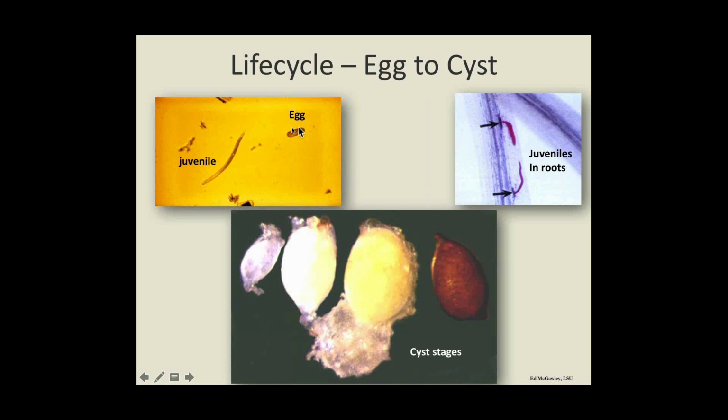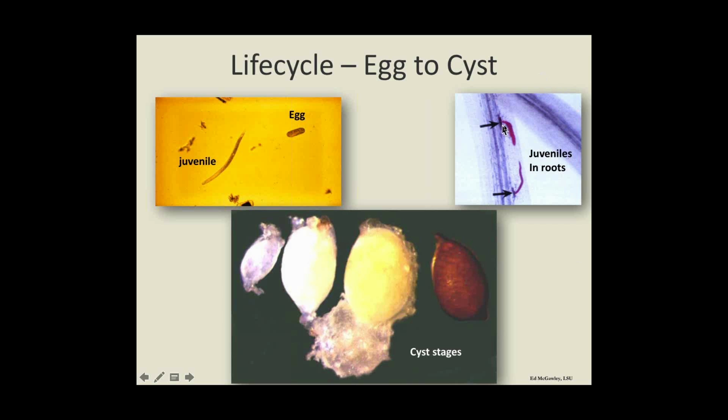When the eggs, this is what a single egg looks like, kind of like a little Tylenol capsule. When they hatch, this is what the little juvenile looks like. This is all under the microscope. The only stage that you would be able to see with your naked eye in your fields would be the female stage right here. This is the stage that would be sticking out of the roots. Once they've turned brown, it so closely matches what the soil looks like that it'd be very difficult to see.